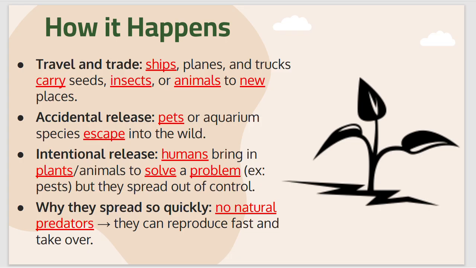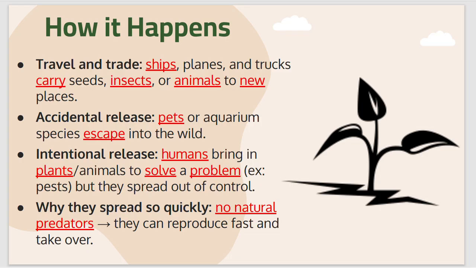Sometimes humans will purposely bring plants, animals, or insects to an area where this organism does not naturally exist, because they want that living thing to solve a problem. For example, maybe they want it to eat a certain insect that they find a pest, or get rid of a certain plant. The issue is that sometimes they can spread out of control and the humans lose control of the organism that they purposely brought over.